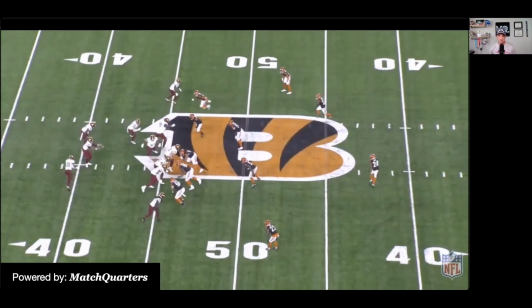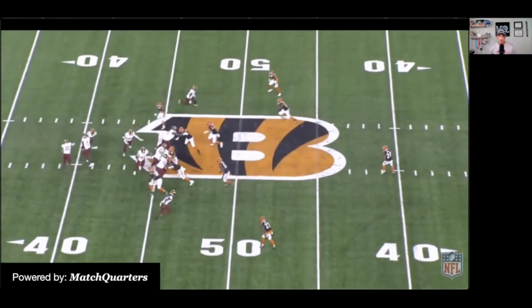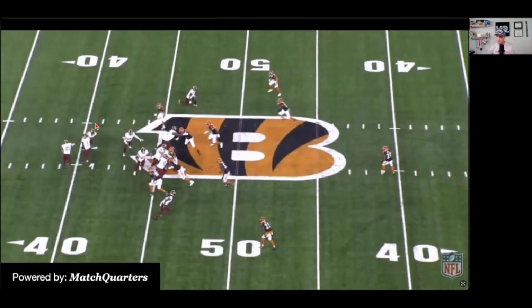As the ball is snapped, our nickel is going to work vertically. Notice how at this point in the snap, he is working vertical. He's got this kind of spinner outside zone, so you don't necessarily have to worry about the quarterback run game. But because of this spinner action, it is actually going to replace the quarterback in this.